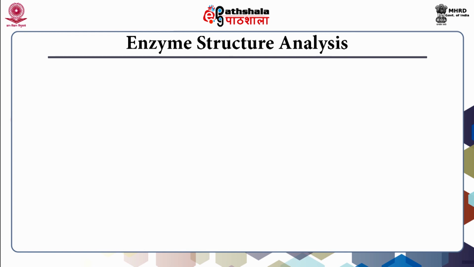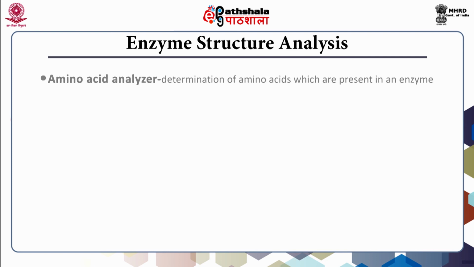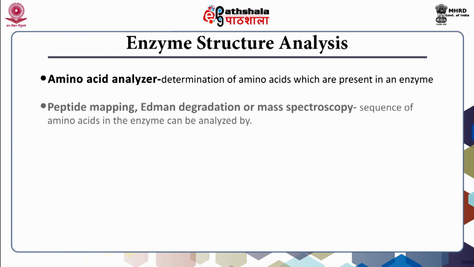Analysis of enzymes and protein structure can be done with the help of the following advanced analytical techniques and equipment. Determination of amino acids which are present in an enzyme and the molar ratios of each can be analyzed by an amino acid analyzer. The sequence of amino acids in the enzyme can be analyzed by peptide mapping, Edman degradation, or mass spectroscopy.